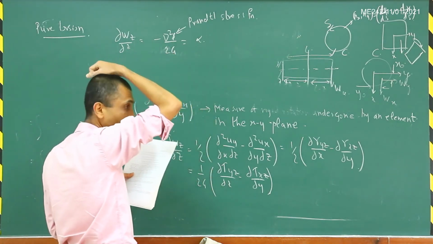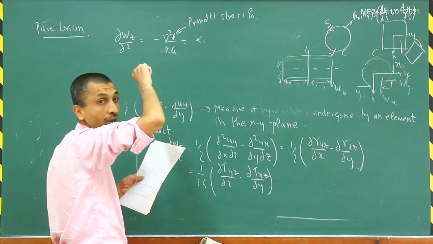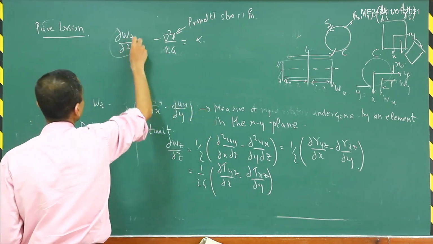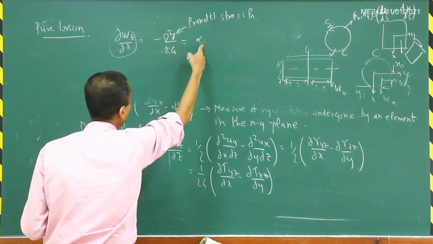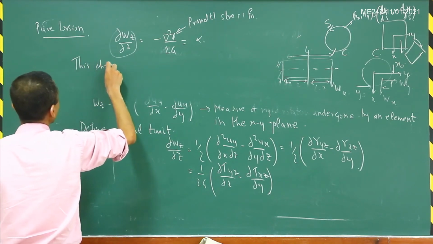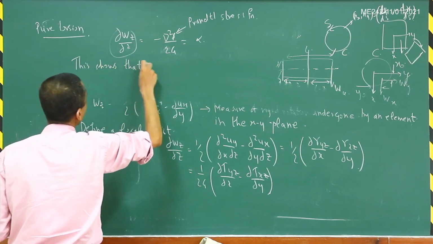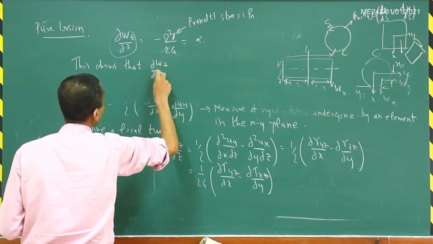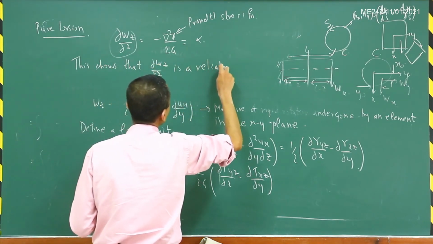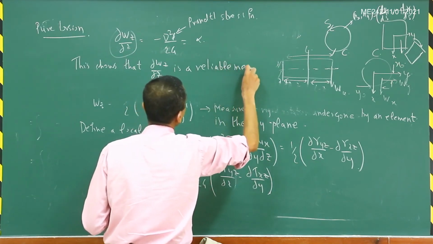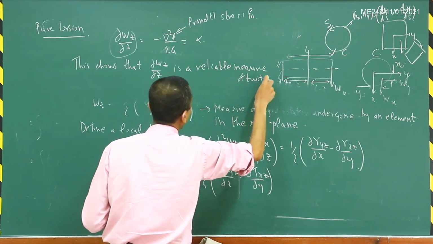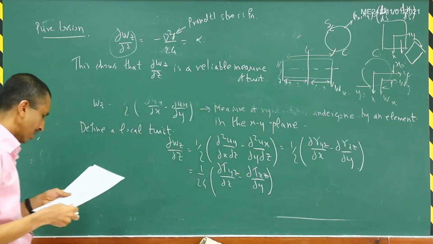The alpha there is the angle of twist per unit length, and so we can see that this del omega z by del z is a reliable measure of twisting here. So this shows that del omega z by del z is a reliable measure of the twisting of the cross section here.